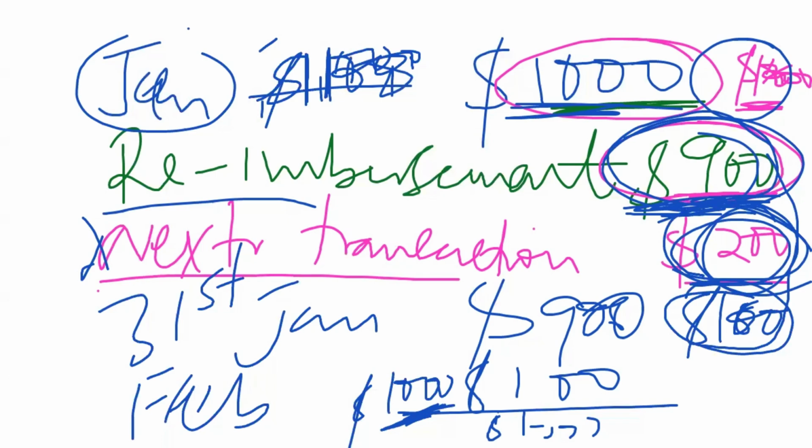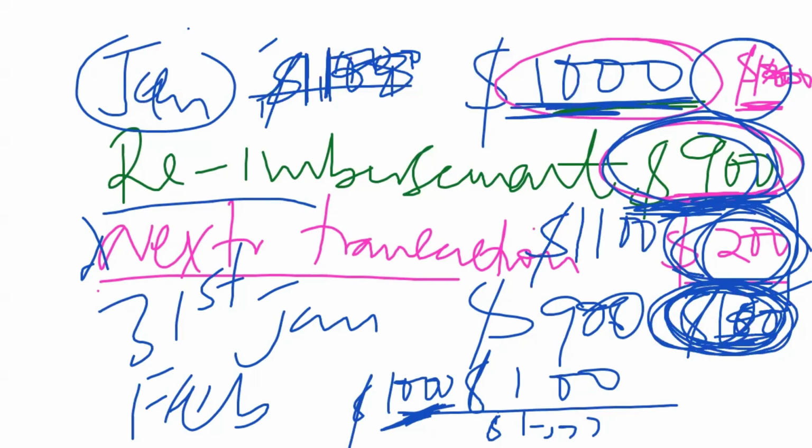Even if you say that maybe, since here you have exhausted the 1,000, the cashier should in the next month give you less because in the first month you exhausted this one and went up to 1,100.